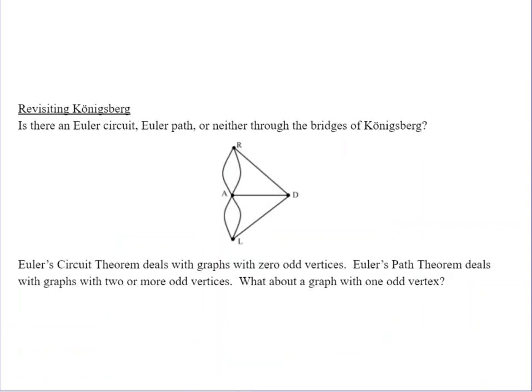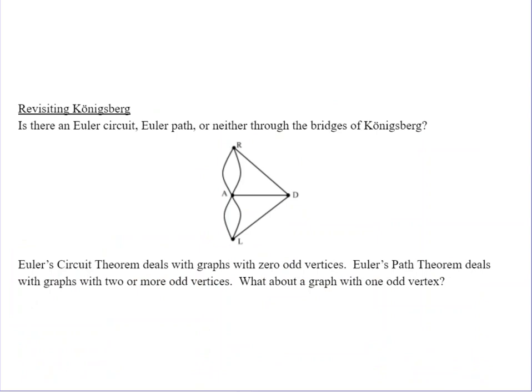Okay, so let's think back to the bridges of Königsberg, which we looked at in our previous video. At the end of our last video, we took a map of the city of Königsberg and changed it into a graph, and this was our graph. So, is there an Euler circuit, an Euler path, or neither through the bridges of Königsberg?